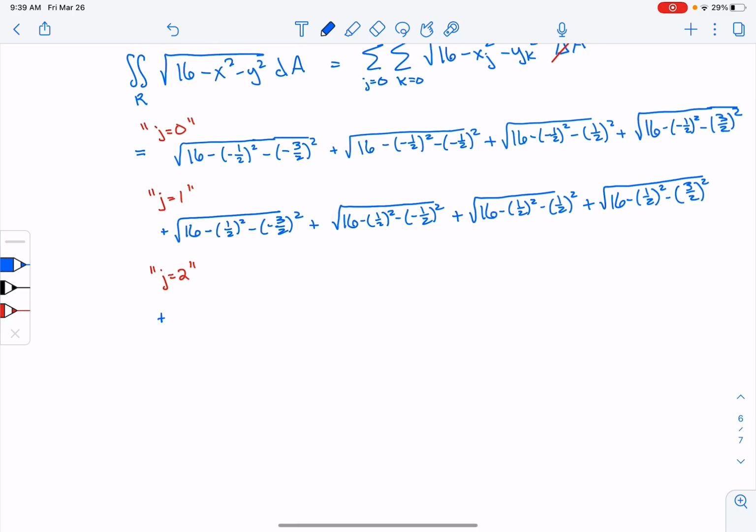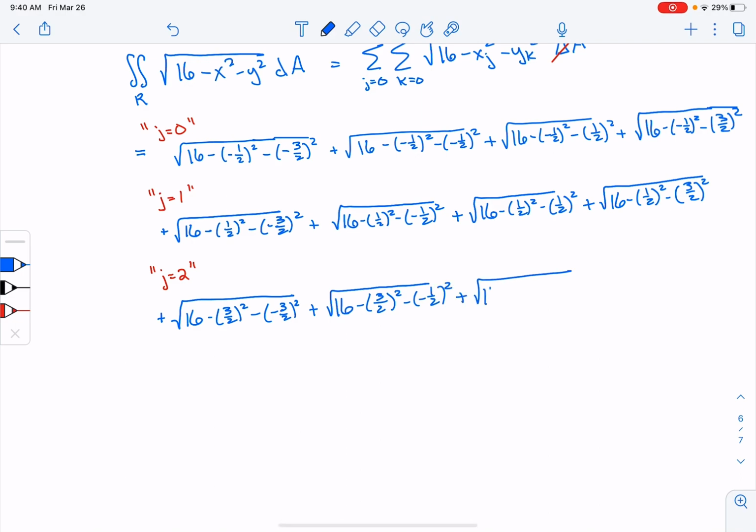The next x value is 3/2, so the square root of 16 minus 3/2 squared minus negative 3/2 squared, plus the square root of 16 minus 3/2 squared minus negative 1/2 squared, plus the square root of 16 minus 3/2 squared minus 1/2 squared, plus the square root of 16 minus 3/2 squared minus 3/2 squared.